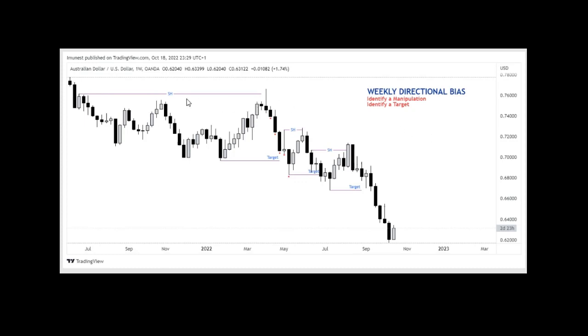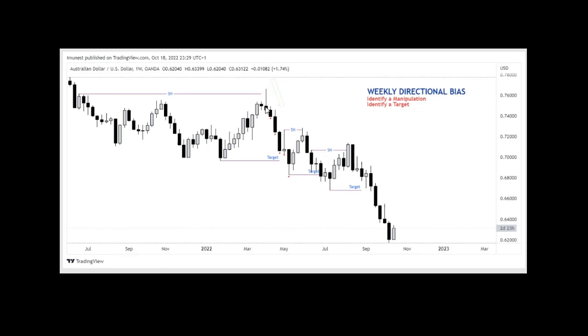If you look at this, we identified a manipulation here by this candle, and then we identify a potential target. Once those are identified, expect that the market will be going downwards.